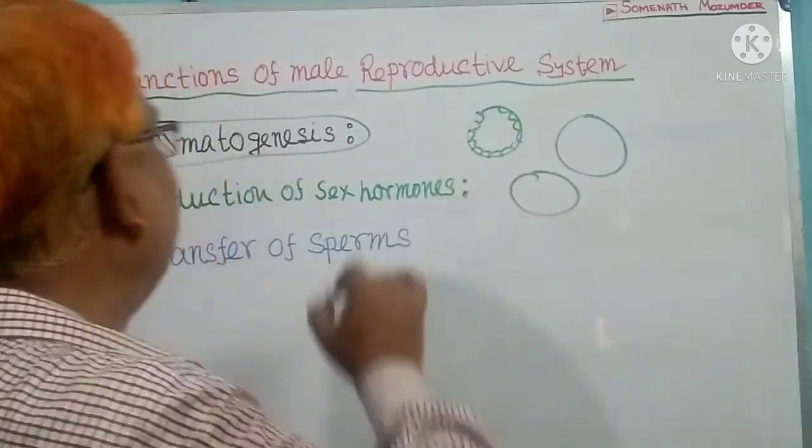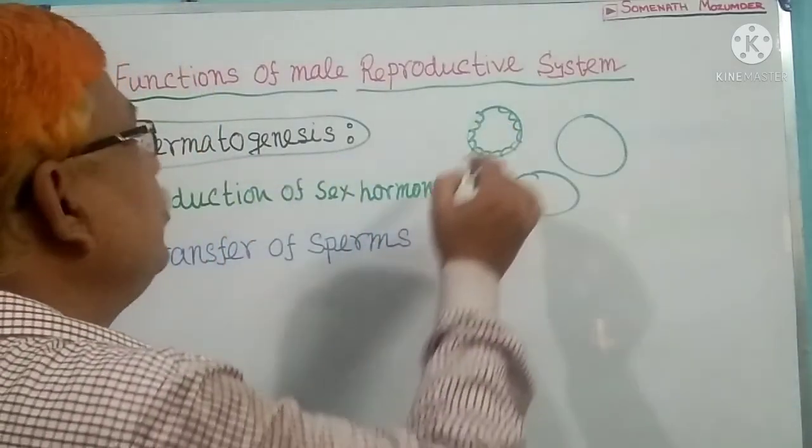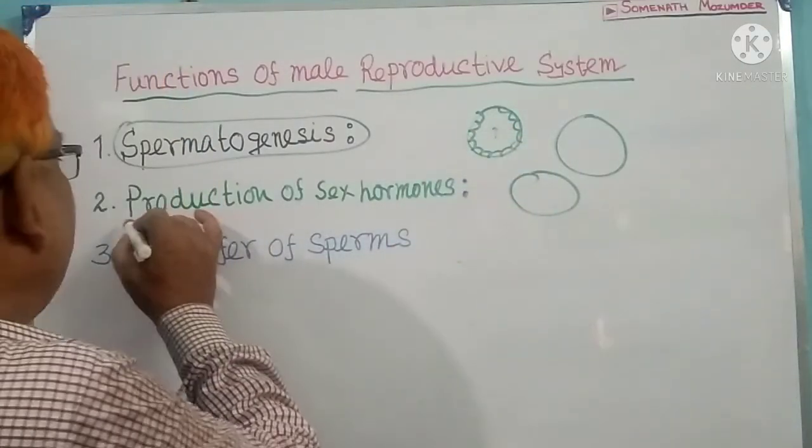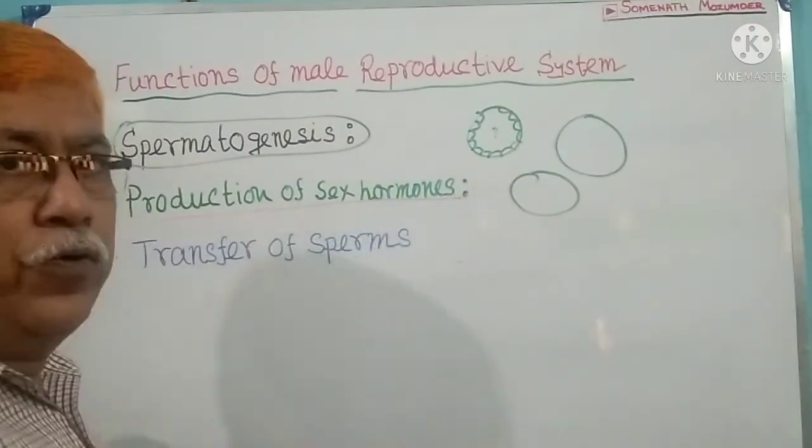So, sperms are produced through the spermatogenesis process.